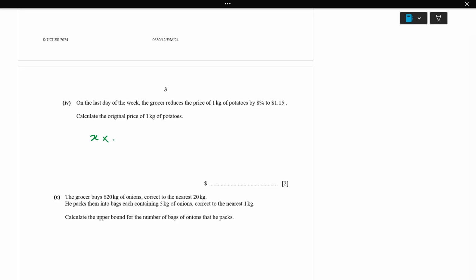So 92 over 100 times X equals 1.15. So X equals 1.15 times 100 over 92, which is 1.25. That was the original price.